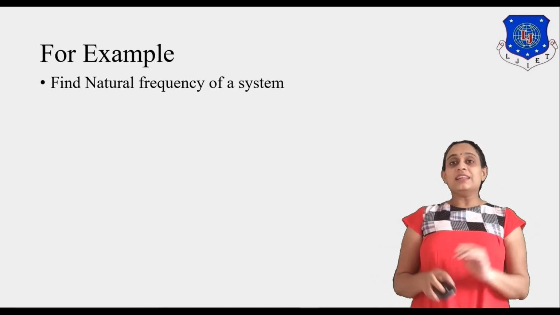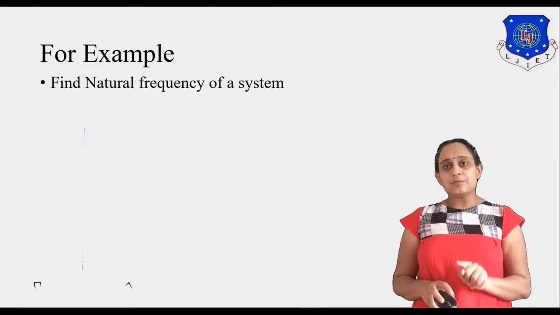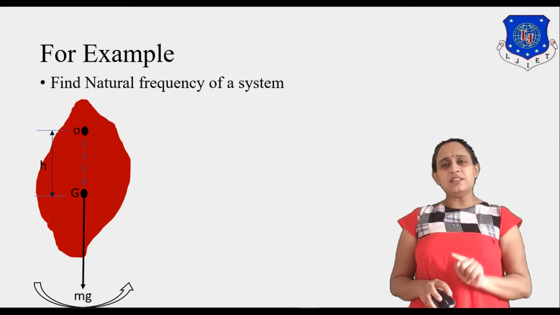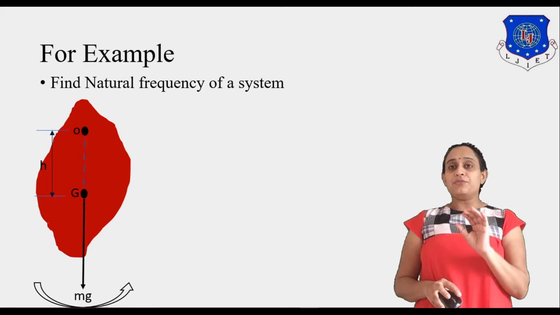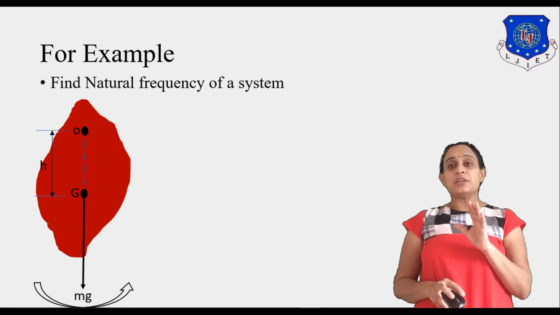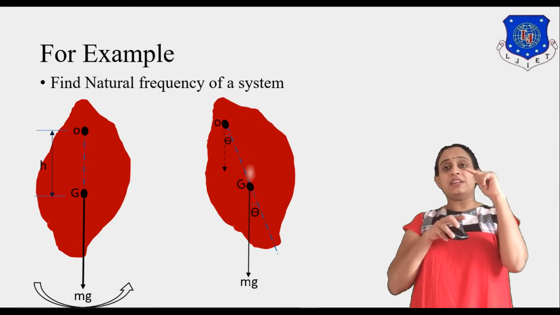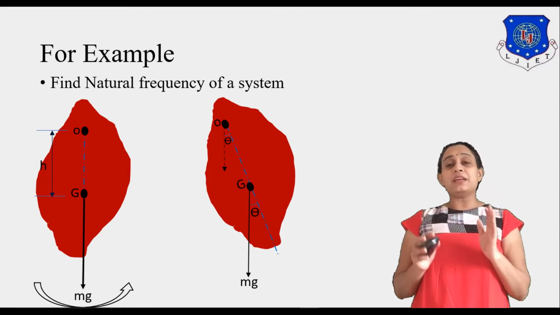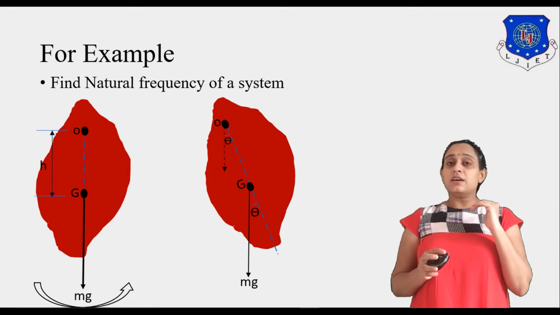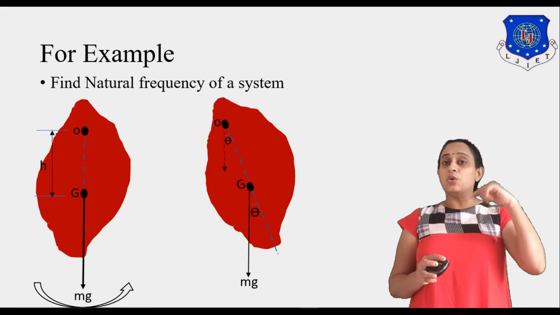As you see, there is a rigid body, and the axis of the rigid body is nearly at the centermost position. We want to deflect or oscillate this object from point O, and the distance between O and the center of gravity is height h. The total weight of this system is mg, which acts in the downward direction.